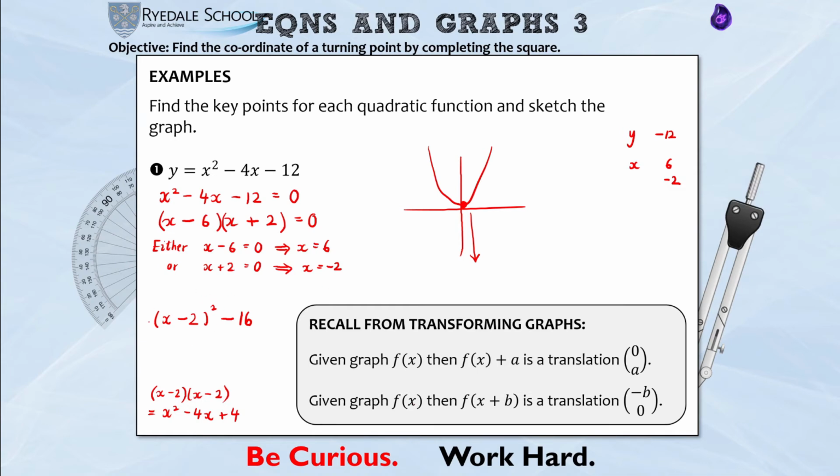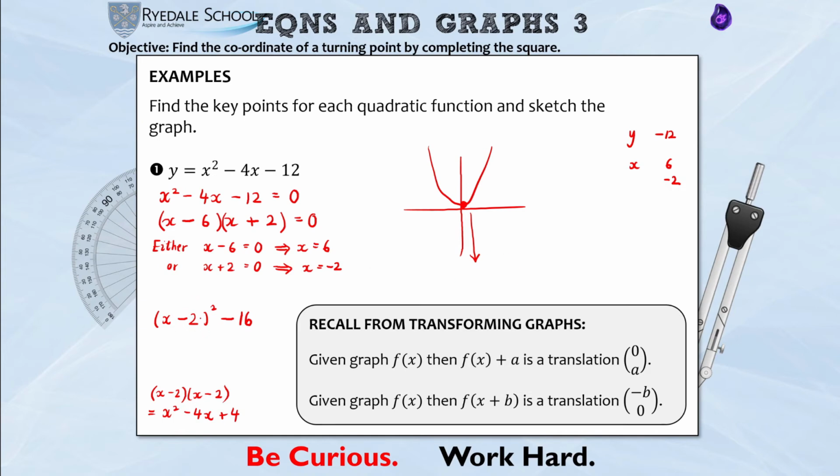Similarly, this expression here is the scenario where something is happening to the function before the operation. And this was a translation along the x-axis, but this kind of did the opposite to what you would have expected.